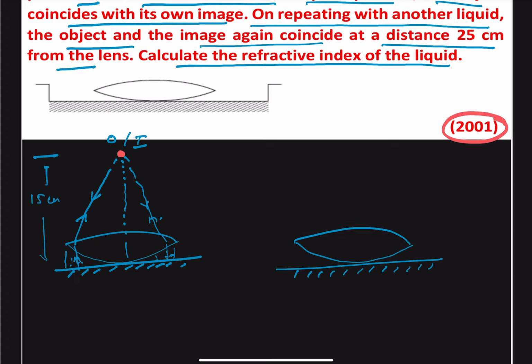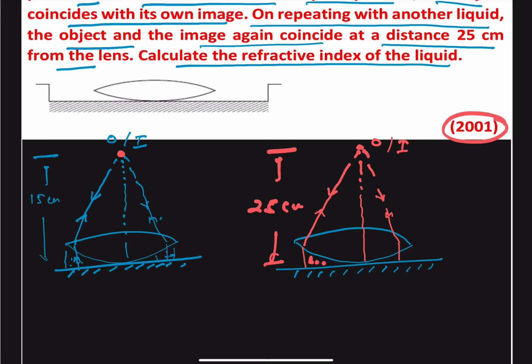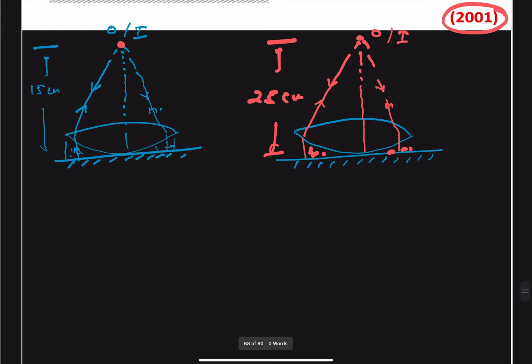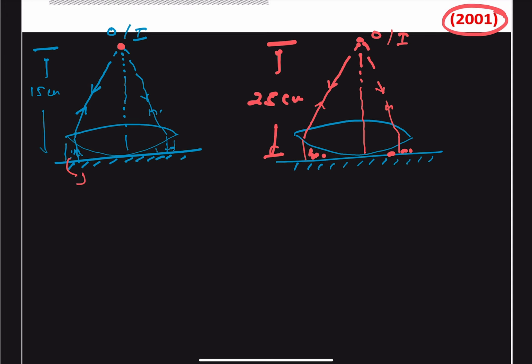So in this case also, let us suppose the object is lying here, and similarly here also the object and image coincide with each other, but now the distance is 25 centimeters. The refractive index of this liquid is unknown, and here the refractive index of the liquid is 4/3. So this we are given as 4/3.